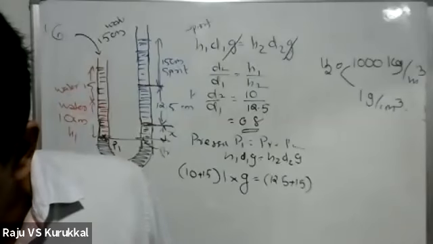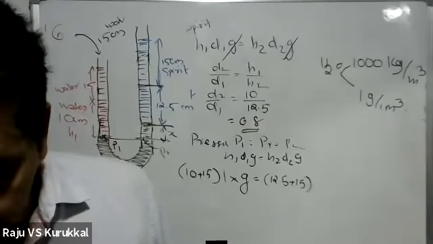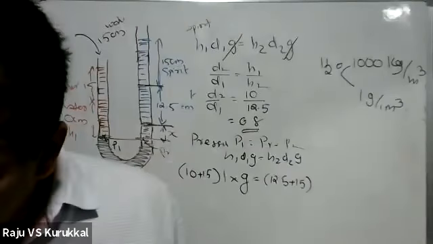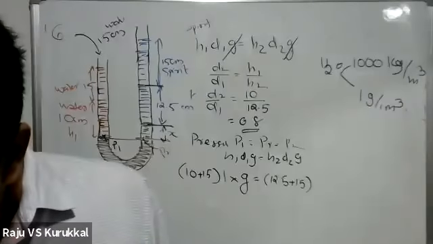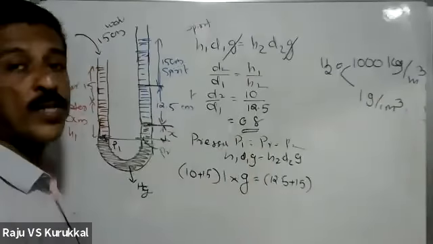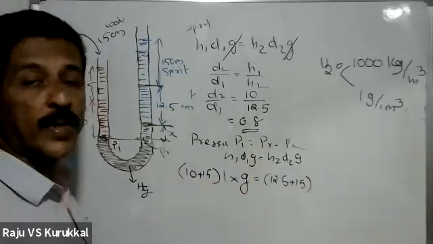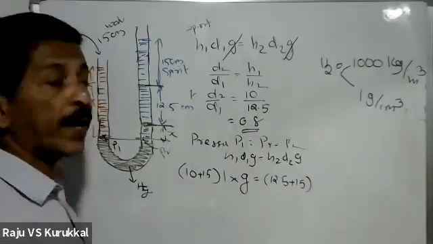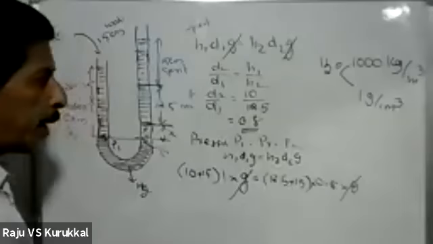Density of spirit ക്വസ്റ്റ്യനിൽ ഉണ്ട്. എത്രയാണ് density of spirit പറഞ്ഞിരിക്കുന്നത്? അത് ഈ വാല്യൂ എടുക്കാം. ക്വസ്റ്റ്യനിൽ തന്നിട്ടില്ല. ആൻസർ ഇവിടെ വാല്യൂ ആയിട്ട് എടുക്കണം. ഡെൻസിറ്റി ഓഫ് സ്പിരിറ്റ് 0.8 എന്ന് എടുക്കണം. റിലേറ്റീവ് ഡെൻസിറ്റി ഓഫ് സ്പിരിറ്റ് 0.8.